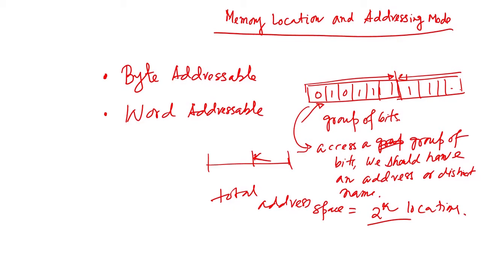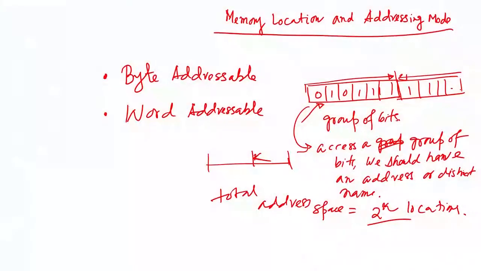Now, what we realize is that we should have an address to access a byte or a group of bits. A group of bits has some names, such as byte and word.